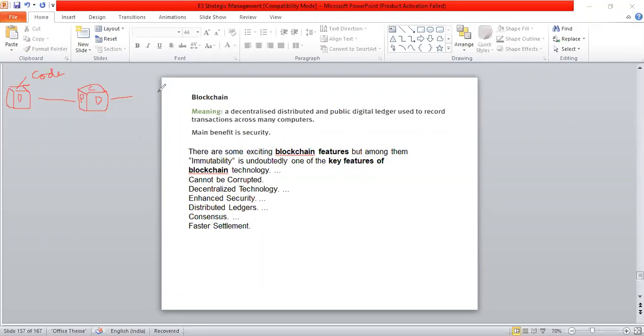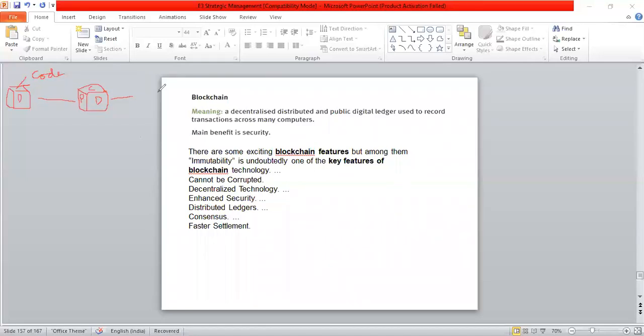If there is any alteration made to the data which is stored, the code is changed. When the code is changed, it doesn't get connected to the next sets of data. So that security aspect is the main point here. The main benefit is security, because it is not possible to manipulate, change, or alter that data.